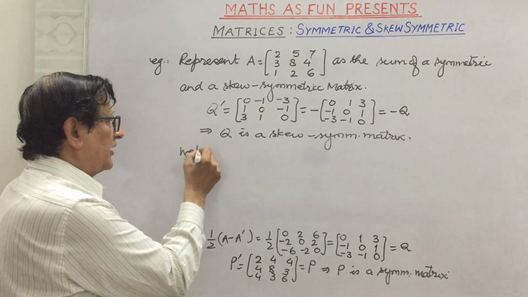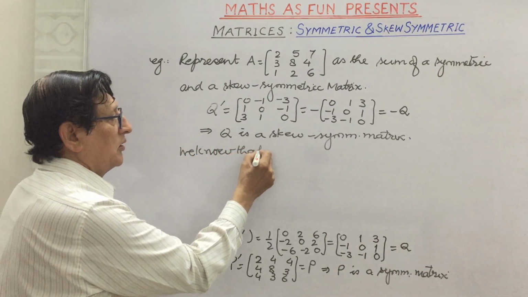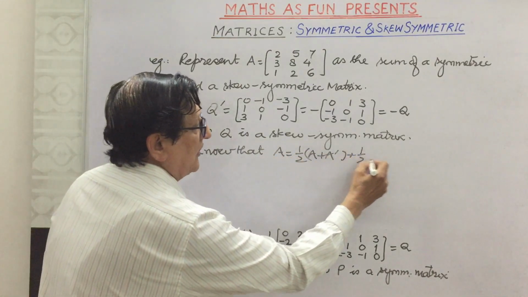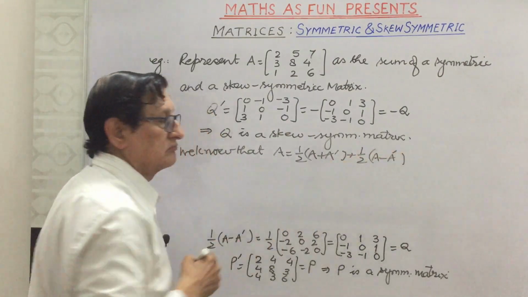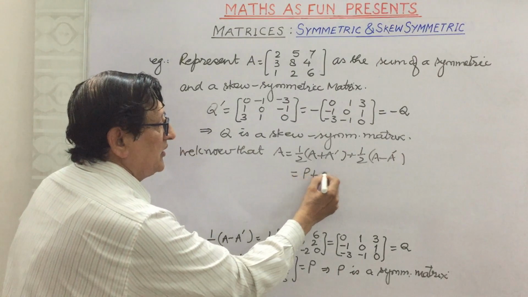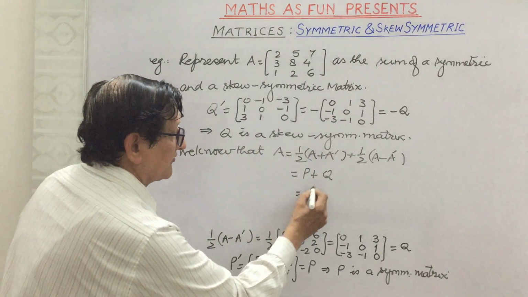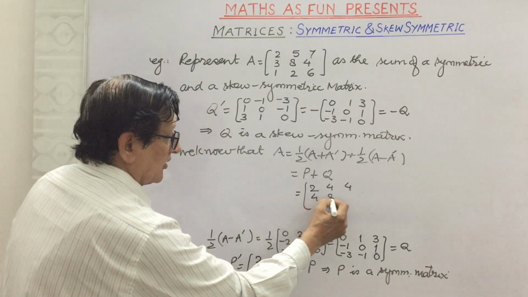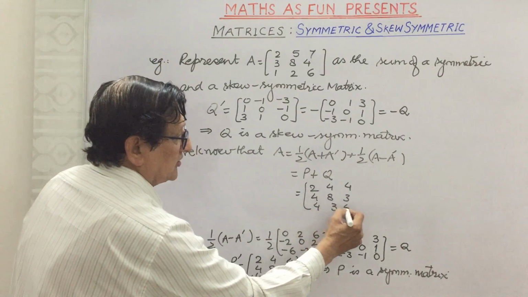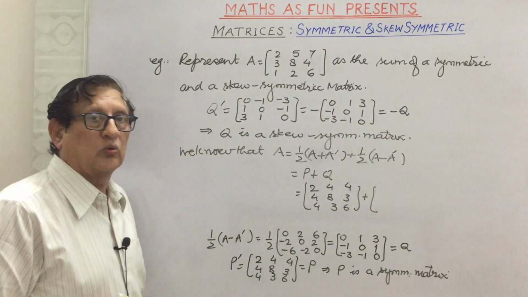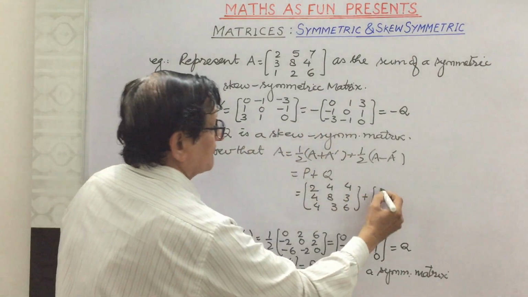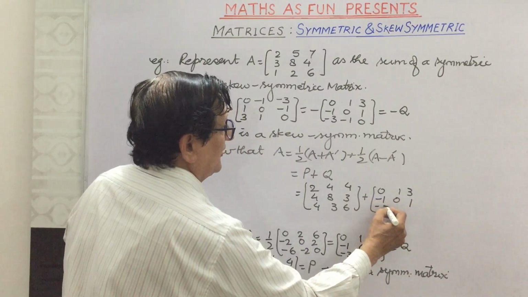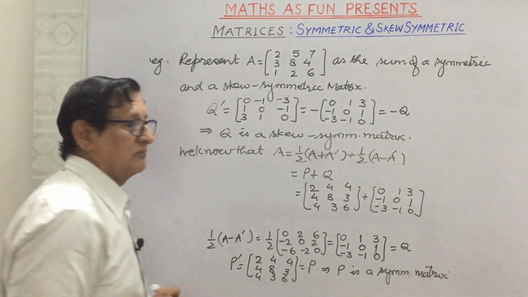Now we can write, we know that A can be written as half of A plus A dash plus half of A minus A dash, which is equal to P plus Q. We write here the value of P, that is 2, 4, 4, 4, 8, 3, 4, 3, 6 plus Q. Q is 0, 1, 3, minus 1, 0, 1, minus 3, minus 1, 0.